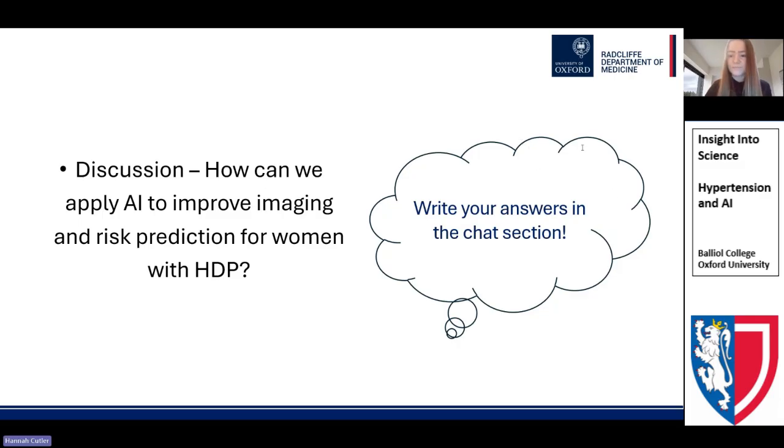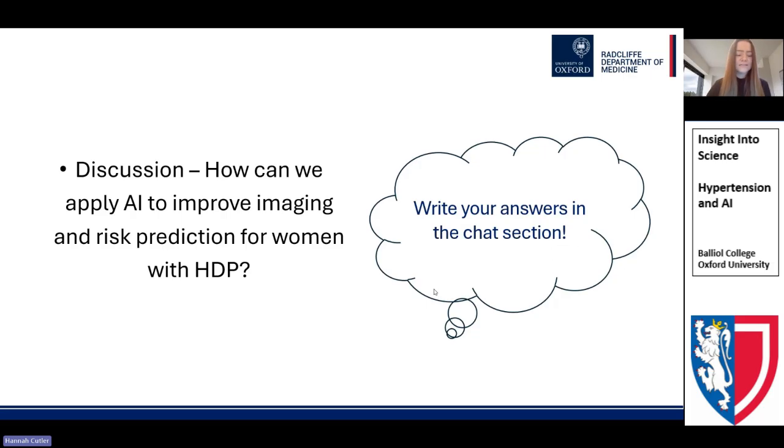And yep, use AI to predict risks from health records, so early detections. That's really good. And predict, yep, brilliant. Yeah, exactly. So combining the patient history with the imaging, that's very good. And maybe able to spot future problems. Yep, personalized management and accurate risk stratification. That's a really good answer.